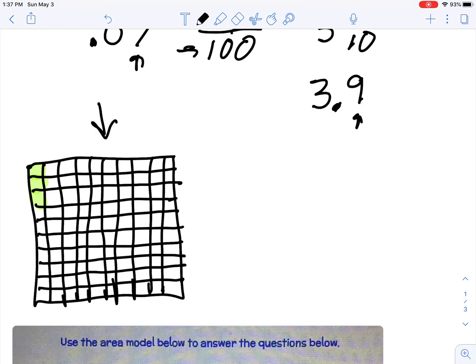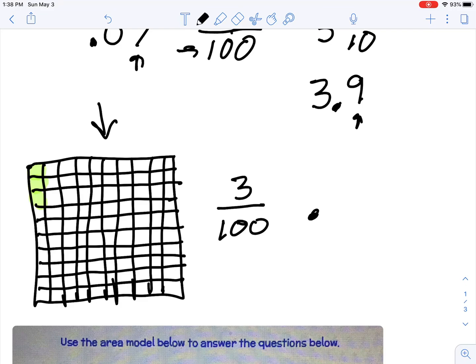If you count up the total number of squares there, and you should be able to figure that out just by looking at it, because you've seen this for a few years now, you know there's 100 total squares. So that's your denominator, and then you just count how many are shaded in. So it's 3 out of 100. Now, how do I write 3/100 as a decimal?